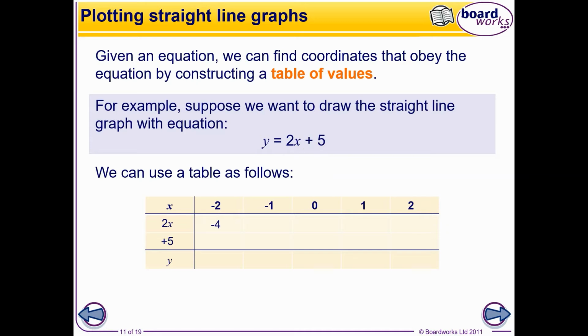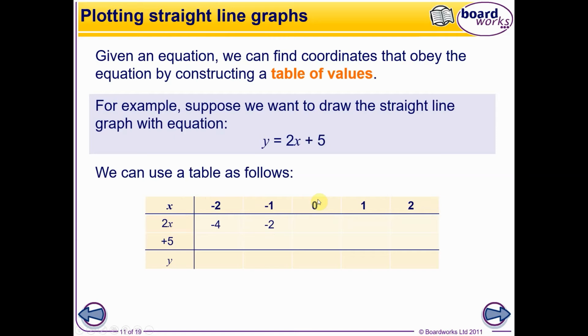So, now we start filling in the table. Here in this space, we have 2 times the value of x. The value of x is -2. So -2 times 2, which is equal to -4. If we move to the next place, we have -1 as the value of x. So -1 times 2, which is equal to -2.